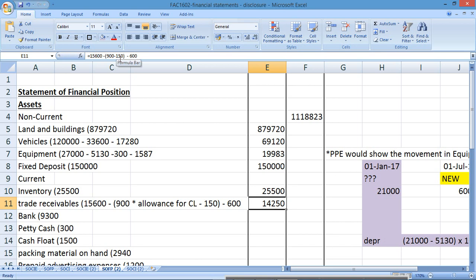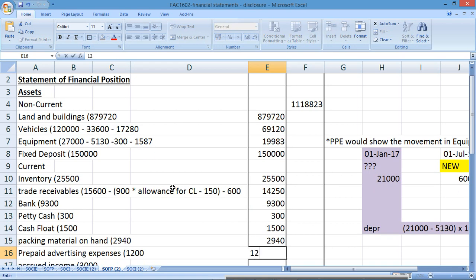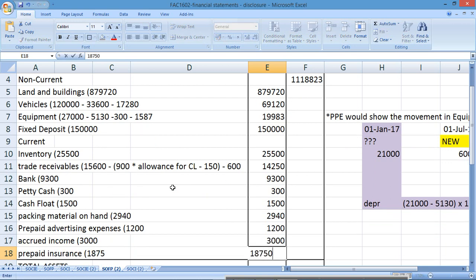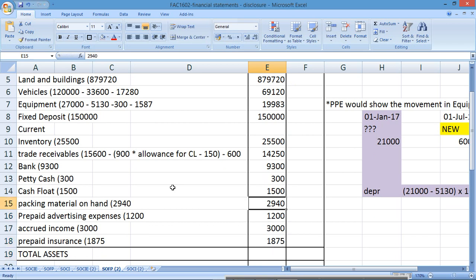That's already been done. The others not. That was already done. This needs to change. 3,000. Perfect. Okay, so then tally up the current.